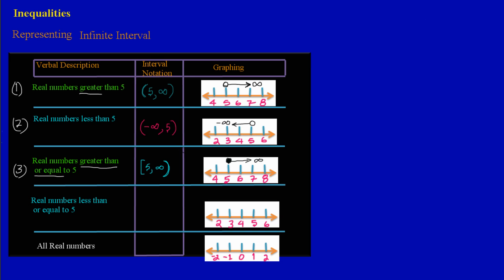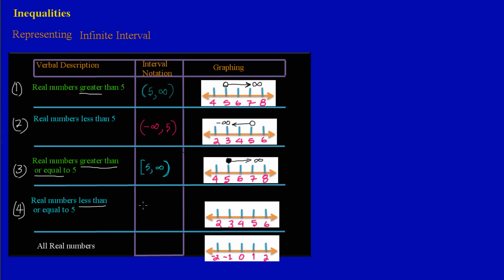Now number 4, let's look at that quickly. In number 4 we're asked to represent real numbers less than or equal to 5. Since it's less than, and this is one of the important things that I'm paying attention to, this term less than means that I'm going to my left of 5. If I'm going to my left, then I would be moving towards negative infinity.